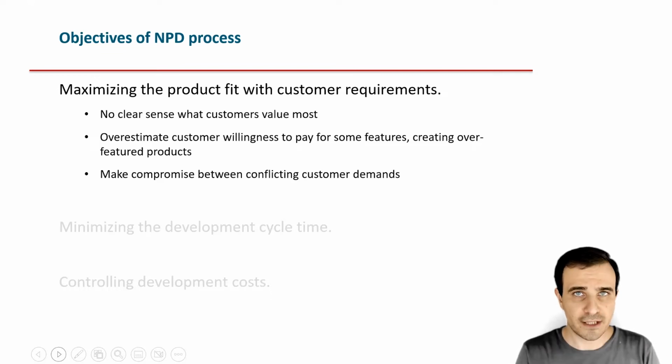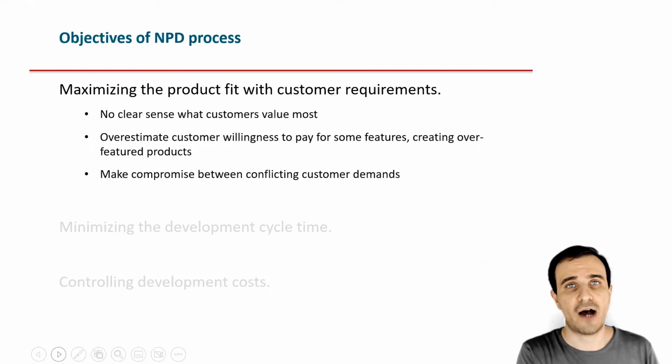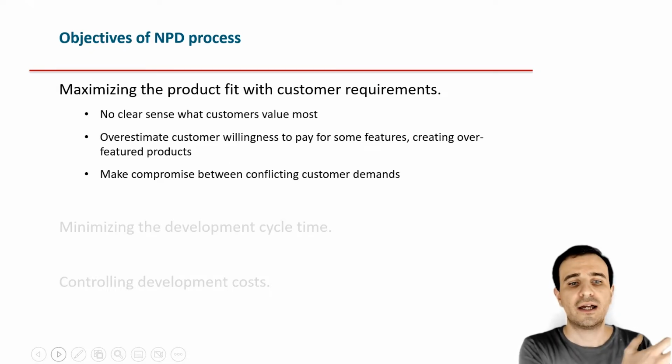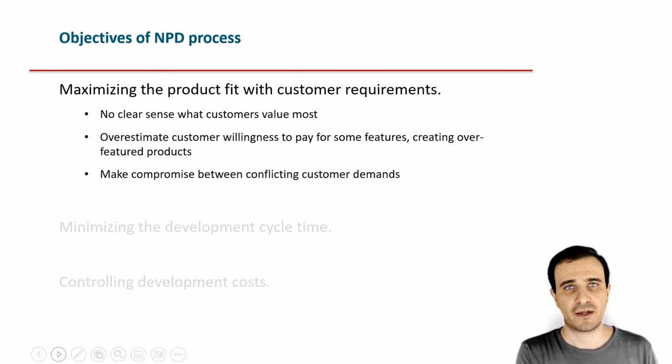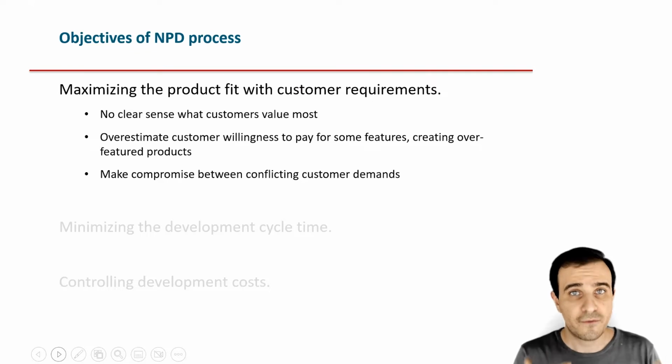Maximizing the product fit with our market, with our customer requirements. This might actually be the very initial challenge that companies face. And why does this happen? Well, there are a few factors impacting companies here.